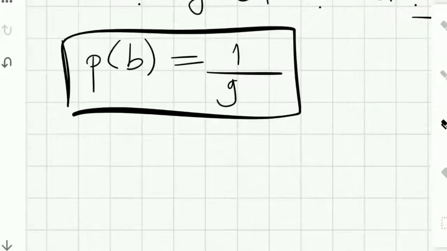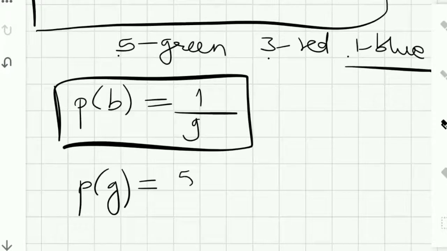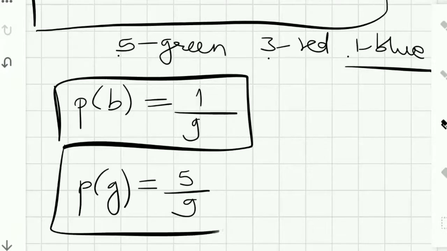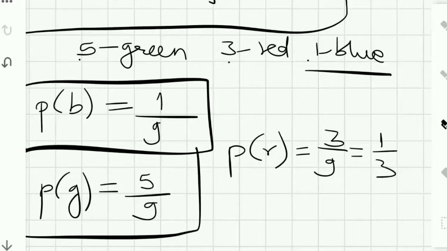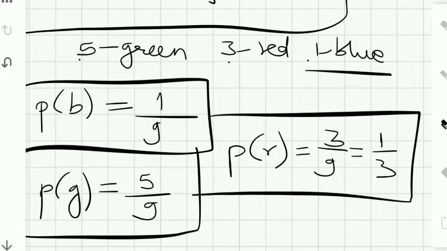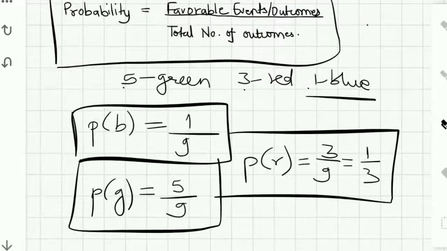Similarly, the probability that a green ball will come out is 5 by 9. And the probability that a red ball will come out is 3 by 9, equal to 1 by 3. Always reduce to the simplest form. So this is the probability here.